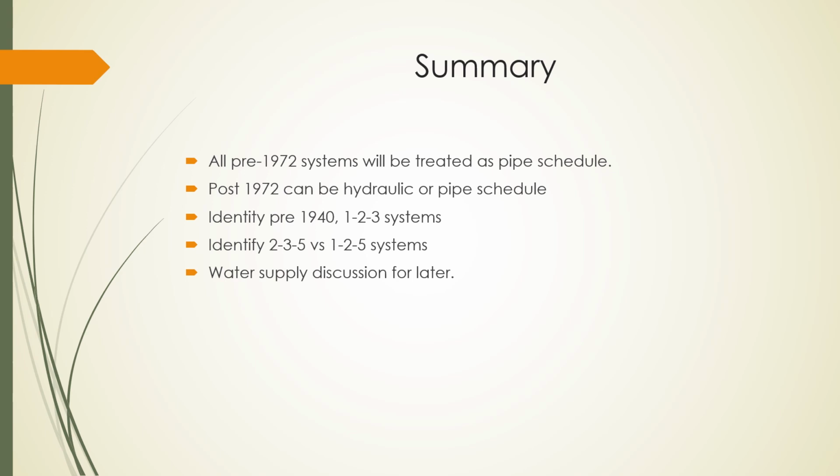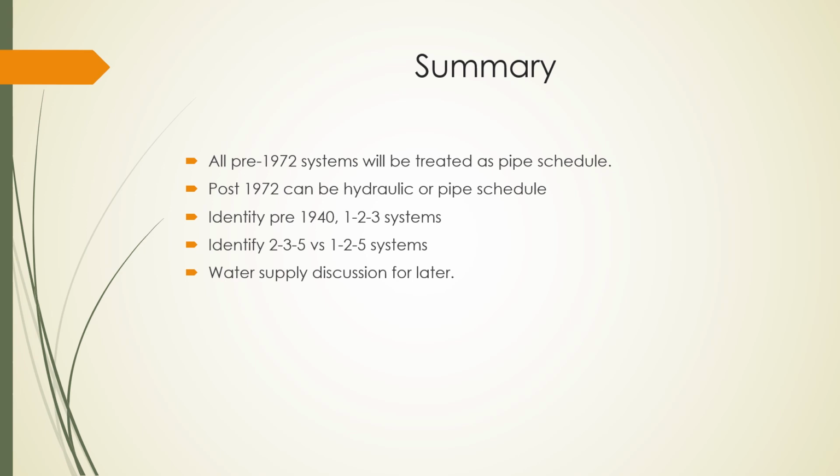The reason that we need to delineate all these different systems is that I'm going to introduce some tables that will give us an indicator of what the system's capable of doing. And it will all be based on these 2-3-5 versus 1-2-5 versus 1-2-3 systems.